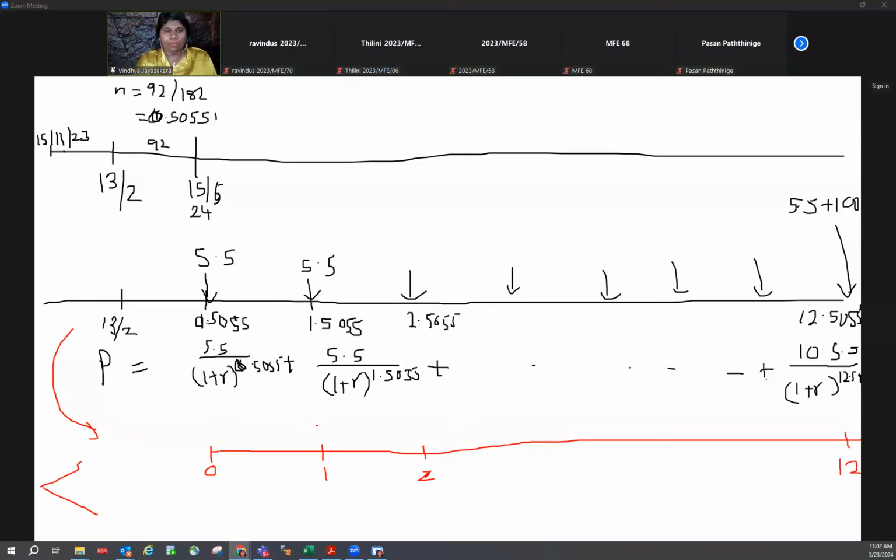And this is my first part, where I find the present value of these future cash flows. Do you see I have not considered this 5.5? The present value of these future cash flows will give me a value of 94 point.